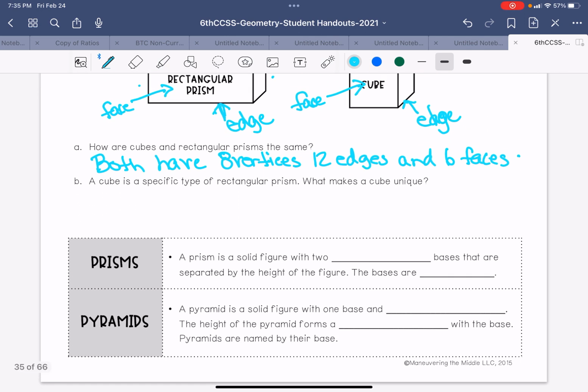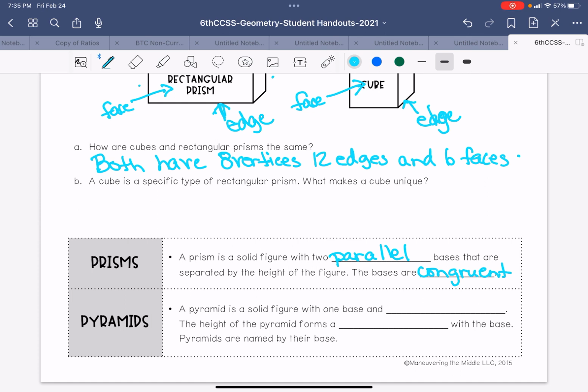A prism is a solid figure with 2 parallel bases that are separated by the height of the figure. The bases are congruent, which means they are the same.